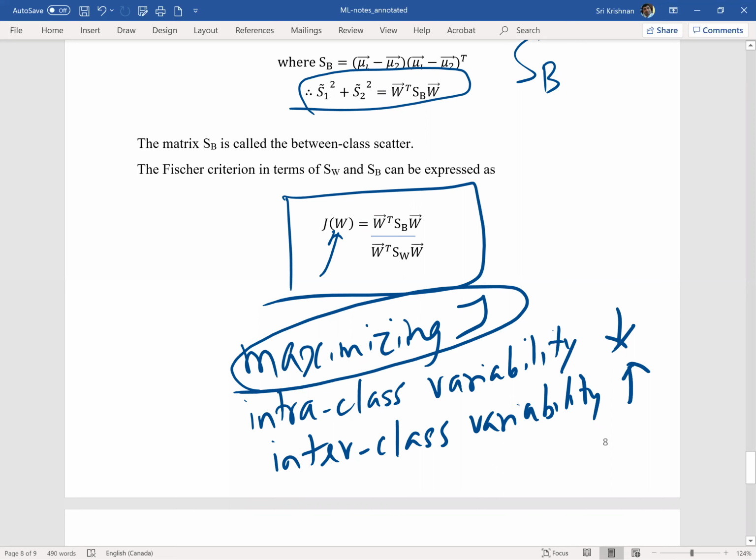It's basically increasing the inter-class variability, or in other words the between class scatter matrix, and decreasing the intra-class variability, or the within class scatter matrix. Now scatter is nothing but the variance of that particular sample distribution, which in this case happens to be the feature distribution.